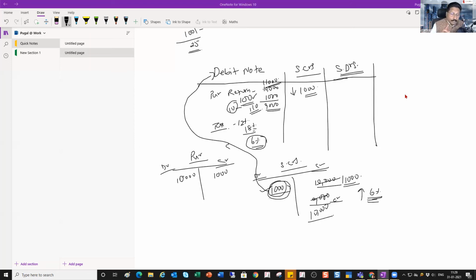Now from a GST point of view, in case of a registered dealer, for claiming input tax credit, and also as a legal document for charge of GST, three documents are very important. One is your tax invoice, which is your sale invoice, right?